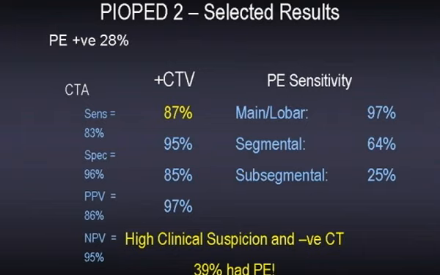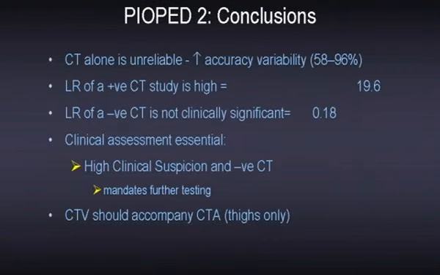Furthermore, in the small fraction of patients that had a high clinical suspicion of pulmonary embolism but a negative CT, in this study, 39% had pulmonary embolism. So this was a very troubling study. There were some additional conclusions from this study in preliminary form that have been released at meetings, and they suggest that CT alone is unreliable and that its variability in accuracy is as low as 58 to 96%.